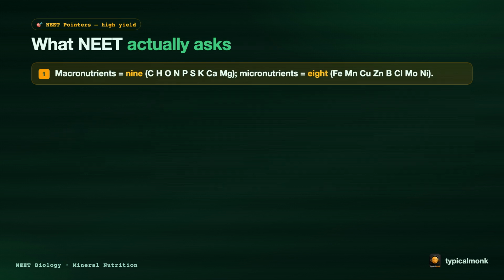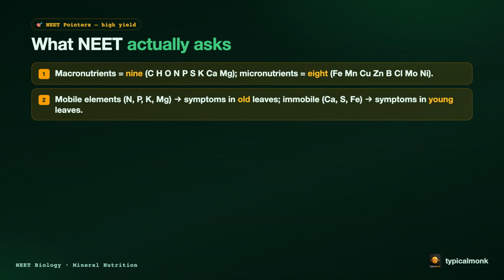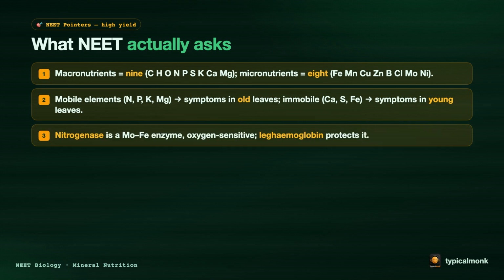Now the high-yield pointers. The facts NEET turns into questions. 1. Macronutrients are 9, C, H, O, N, P, S, K, Ca, Mg, and micronutrients are 8, Fe, Mn, Cu, Zn, B, Cl, Mo, Ni. 2. Mobile elements, that is N, P, K, Mg, symptoms in the old leaves, immobile, that is Ca, S, Fe, symptoms in the young leaves. 3.